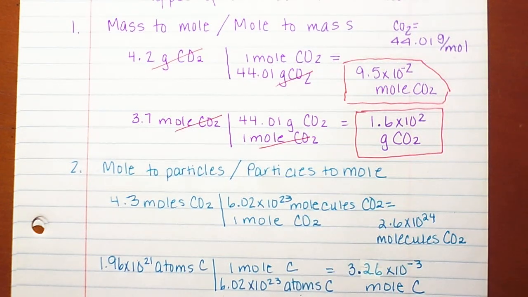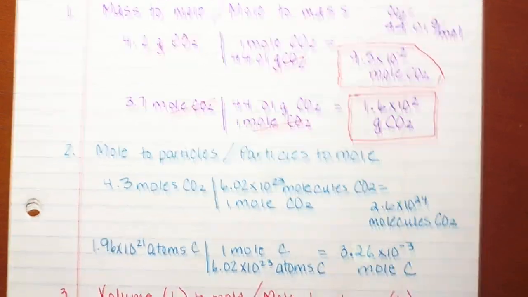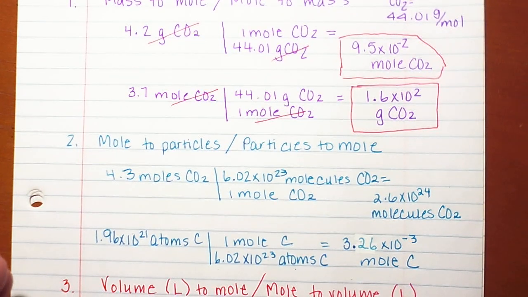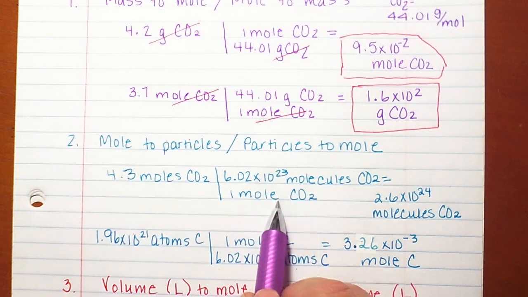Next, I'm going to do moles to particles, which is what we also did. Now, particles could be atoms, they could be molecules, they could be formula units. And that's 6.02 times 10 to the 23rd particles to 1 mole. So here it is, molecules to 1 mole.